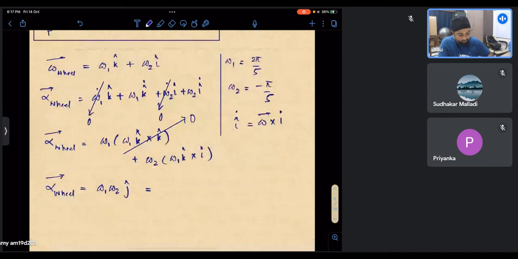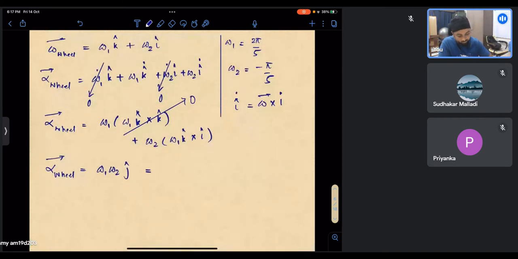And if I were to substitute omega 1 and omega 2, which I have written here, I'll get 2 pi. Omega 1 is 2 pi by 5 into omega 2 which is minus pi by 5 j cap.